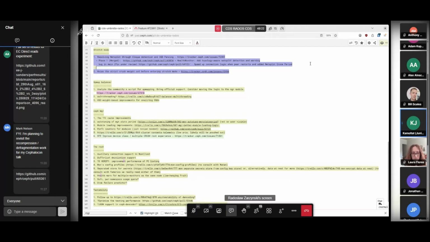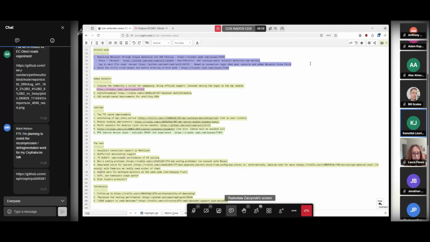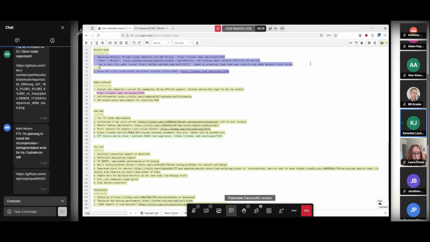That actually came from some of the Rook users, who, when they try to deploy OSDs with different capacity, end up with different crush weights in two different zones when they're trying to run stretch mode.